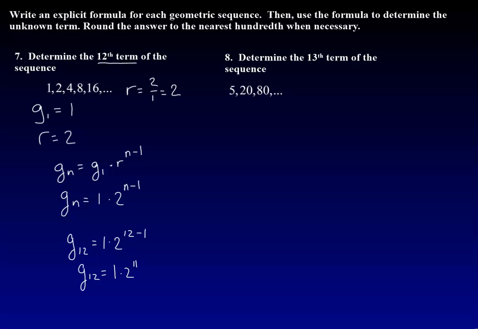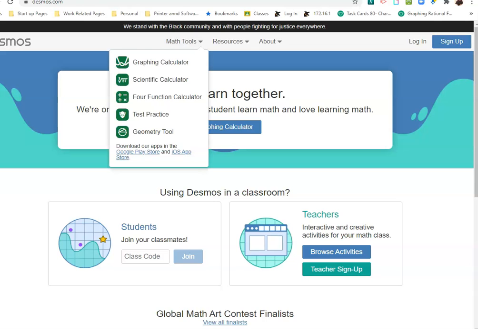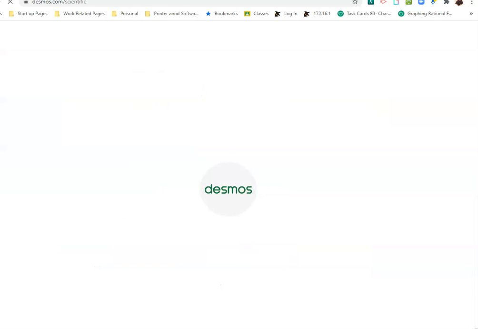If you don't have a calculator in hand, you can go to Desmos like we did in one of the previous lessons. Under Math Tools, it has a scientific calculator.